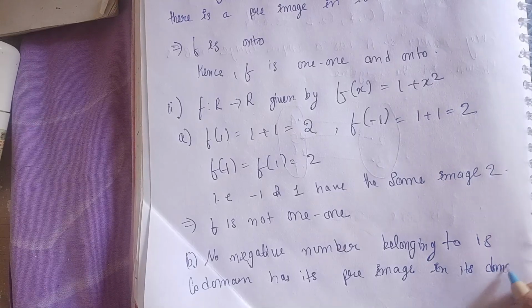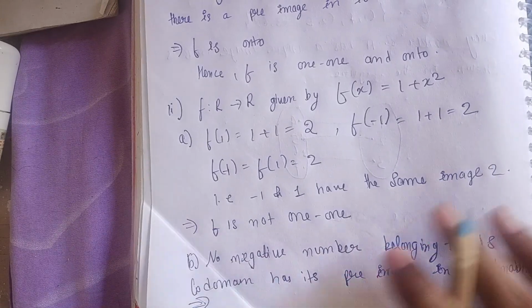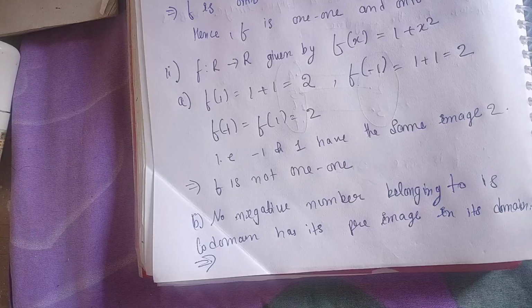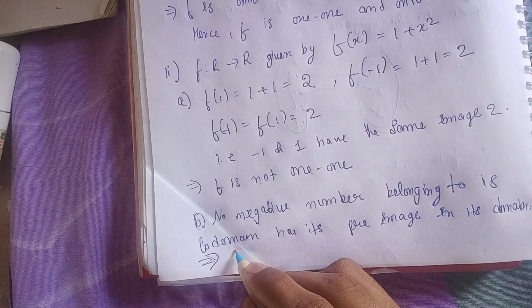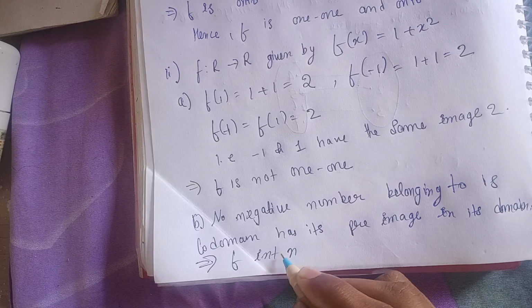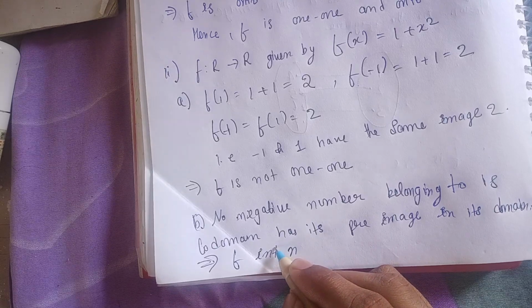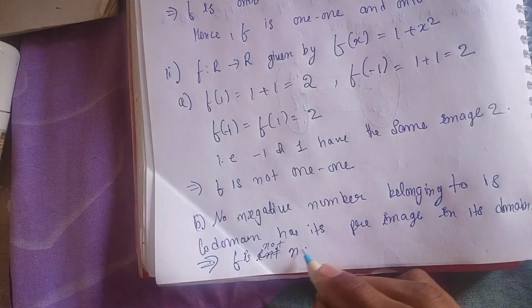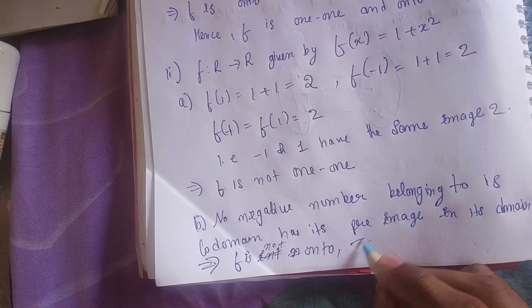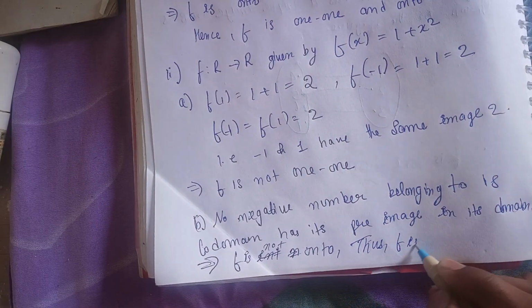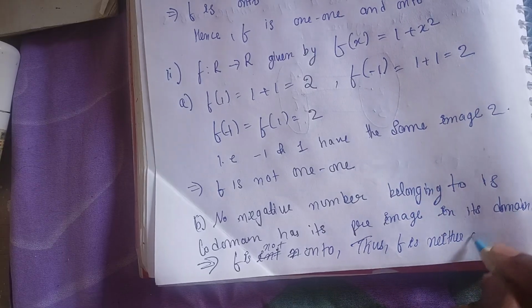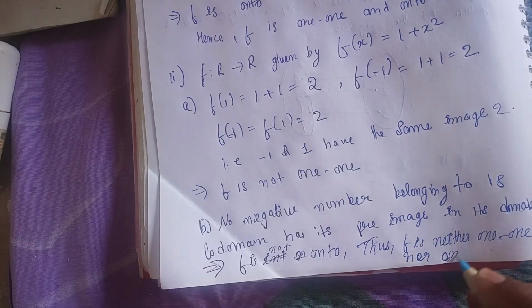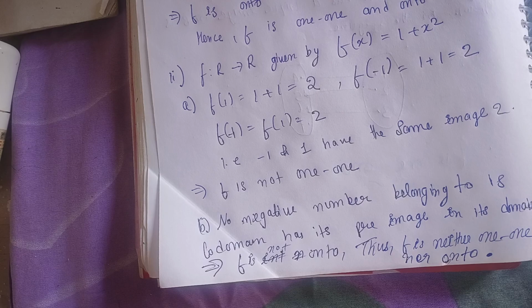Therefore, f is not onto. Thus, f is neither one-one nor onto. Hence, we have completed question number 7.